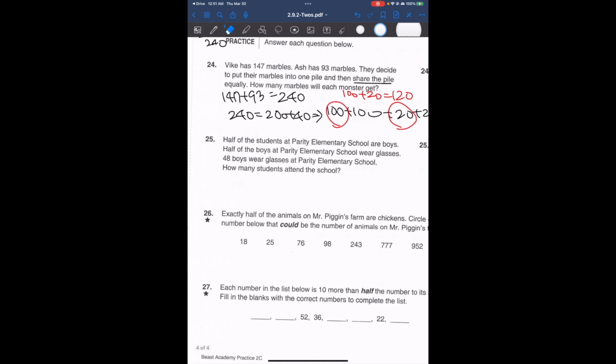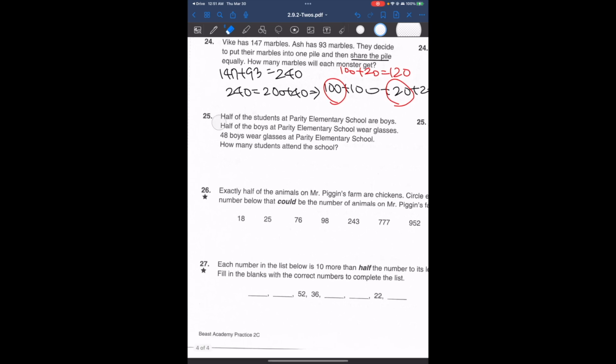Then we'll look at the next problem. Half of the students at Parity Elementary School are boys, and half of the boys at Parity Elementary School wear glasses. 48 boys wear glasses at Parity Elementary School. How many students attend the school?